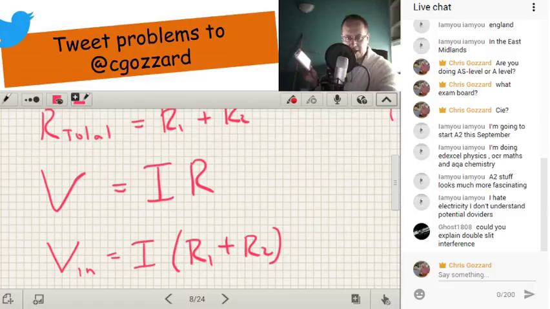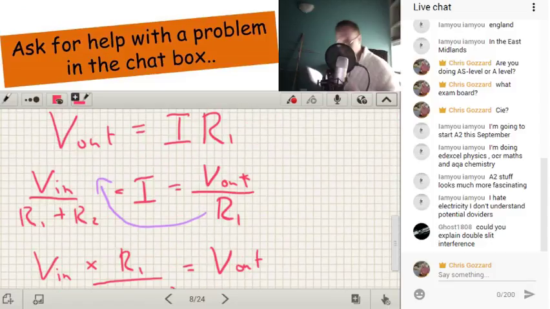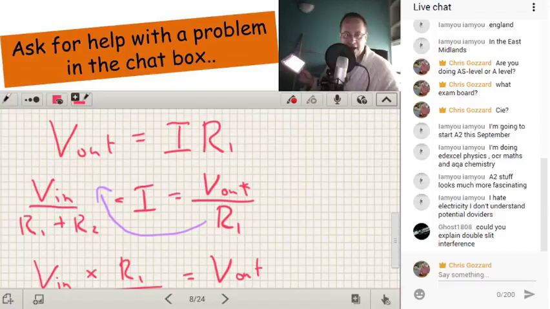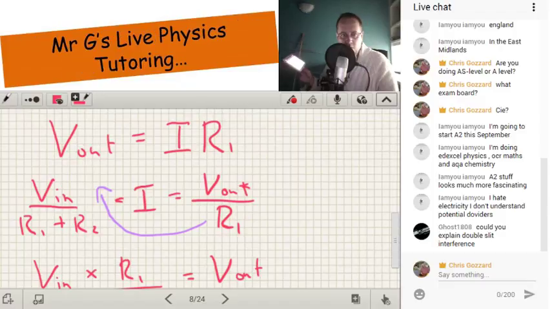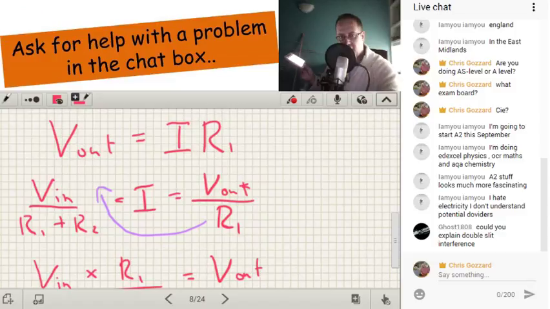That's just looking at the circuit as a whole. Then V out equals I R1. So we make I the subject: V in over R1 plus R2 equals I, but I is equal to V out over R1.